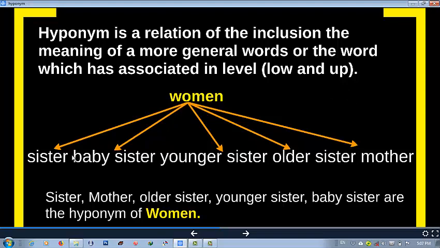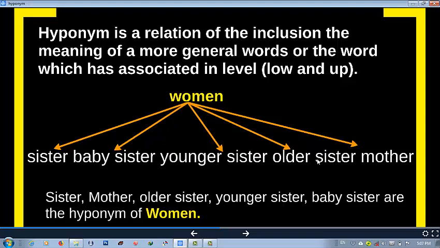You can see this one. I will give an example for you: a woman, I mean a top, or ups, and sister, baby sister, younger sister, older sister, or mother.